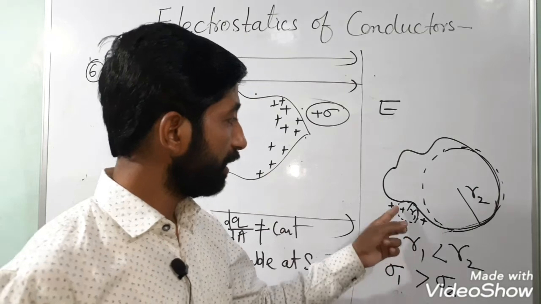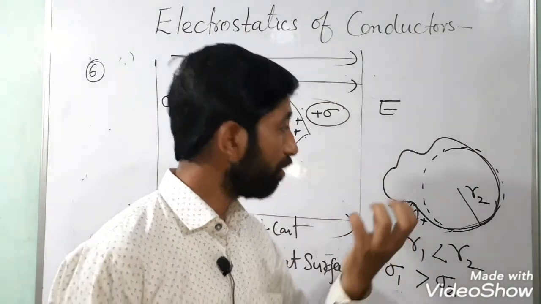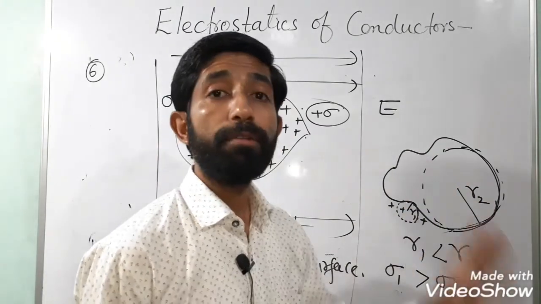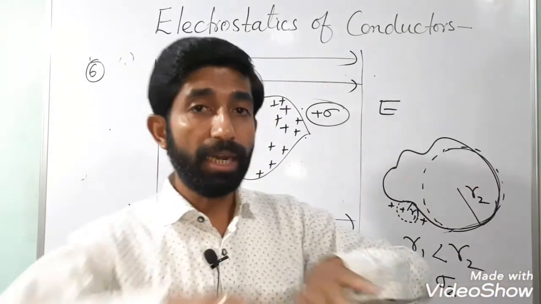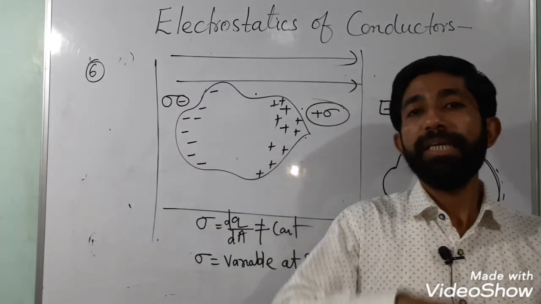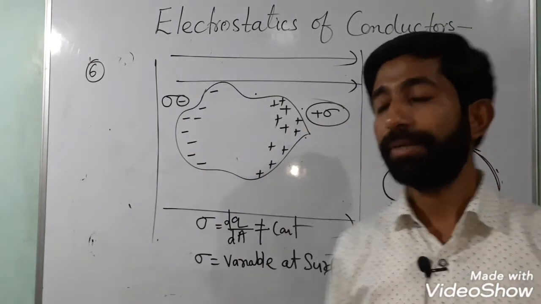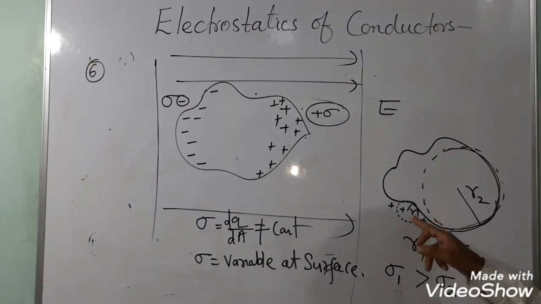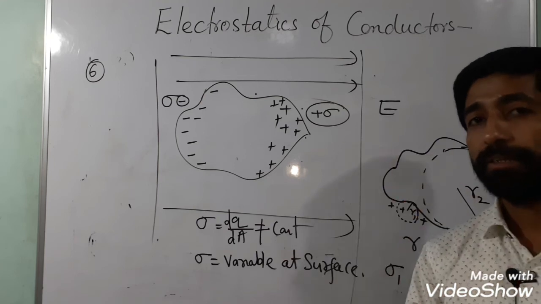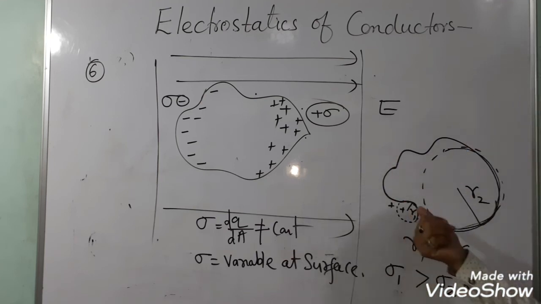Sigma 1, in this more curved region, is high, and sigma 2 is low, because this region gets a large area, so all the charges are distributed over a larger region. In the small region, r being small, the charges accumulate more, so the charge density will be higher at this particular position.